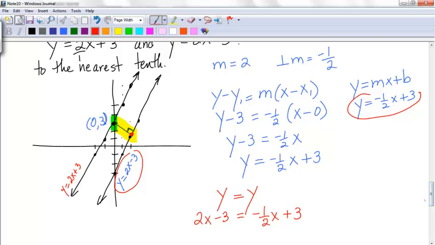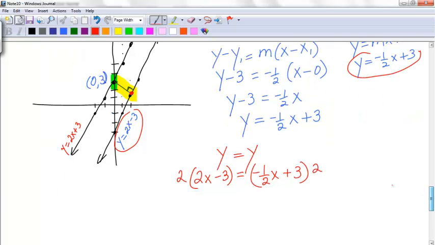If you want to, you can get rid of the fractions. What can I multiply by? 2 on both sides. Either way. So if I have 4x minus 6, remember you've got to distribute that. It's got to be times both of them. And what's half of 2? So negative 1x plus 6.